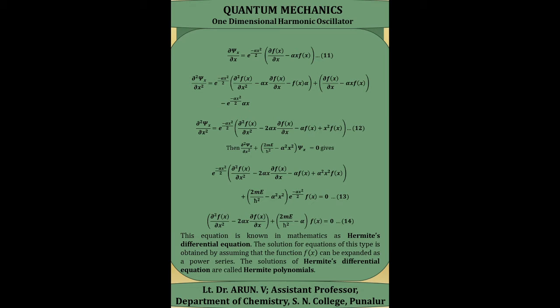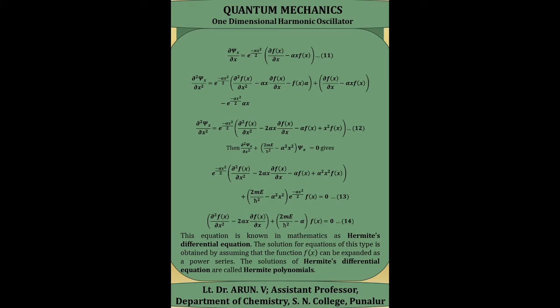After a series of differentiation steps, we can write dou square psi by dou x square is equal to dou square f by dou x square minus 2 alpha x into dou f by dou x plus 2mE divided by h cross square minus alpha into f(x), that is equal to 0.